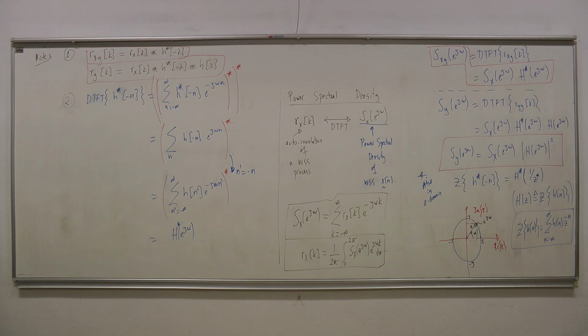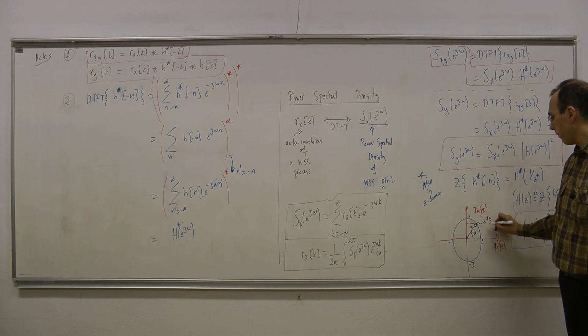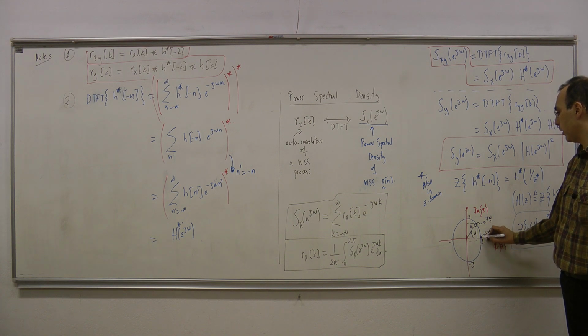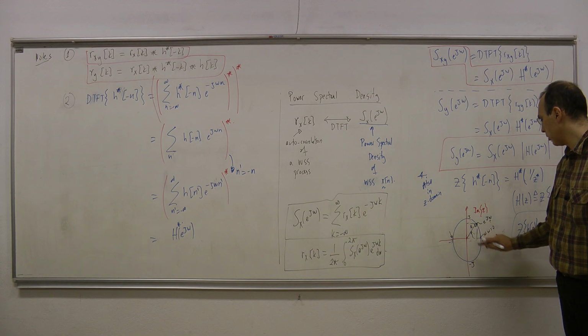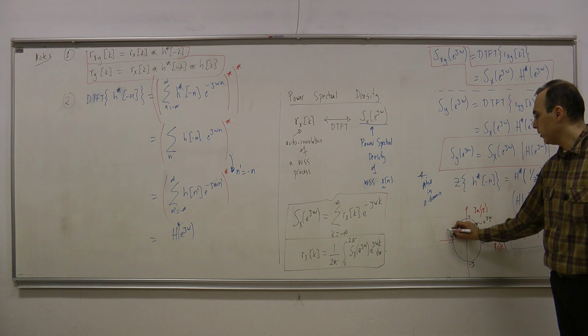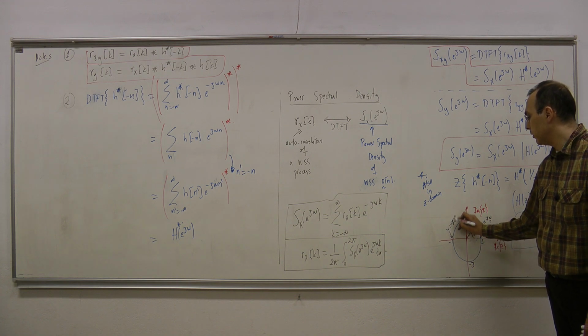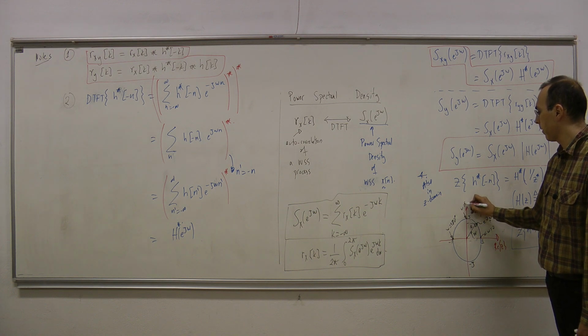Okay? So, as you may remember, as omega changes from 0, omega 0 is over here. When omega moves to 180 degrees, I move over here. This omega is equal to 90 degrees.